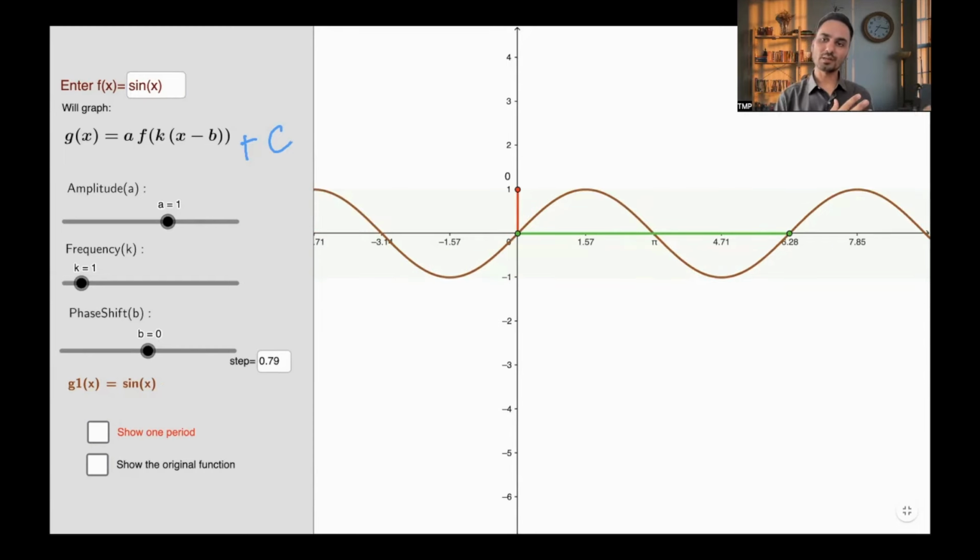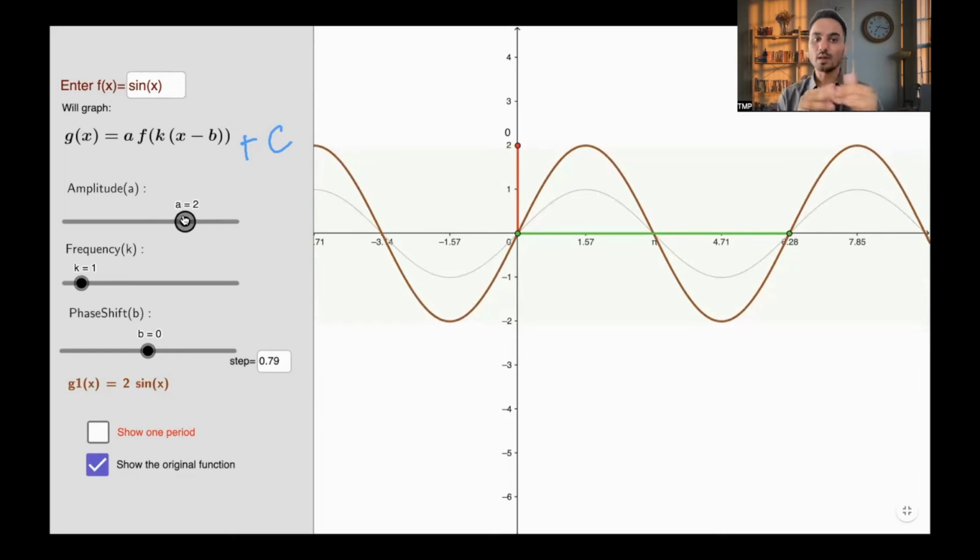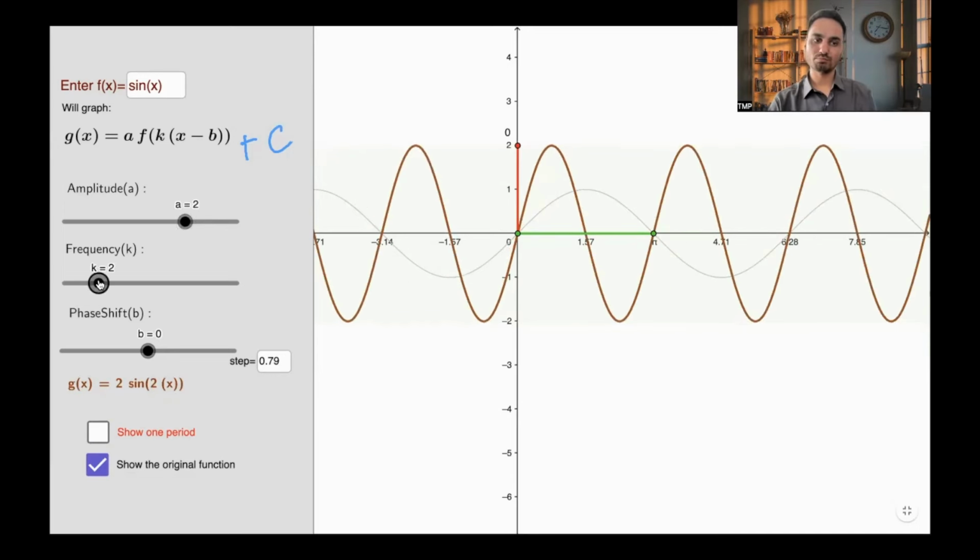Now let's look at some examples combining everything that we have learned so far. So let's start by changing the amplitude first. If we change the amplitude to 2, the height of the graph will increase from 1 to 2 on both sides. So it will be 2 units upwards, 2 units downwards. And now let's change the frequency from 1 to 2.